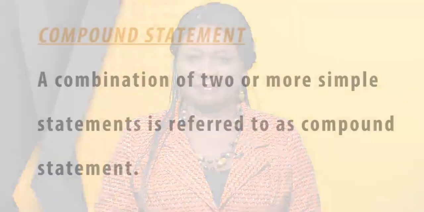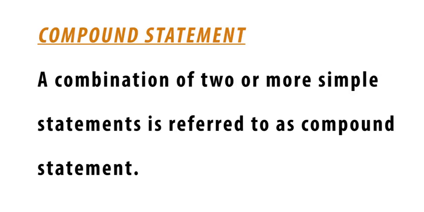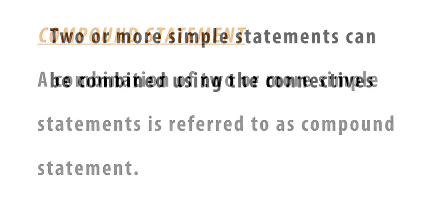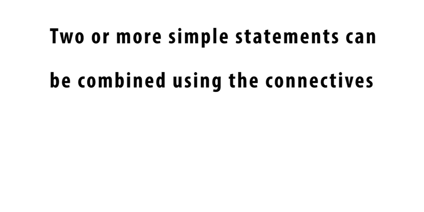Now let us look at what a compound statement is. A combination of two or more simple statements is referred to as a compound statement. So two or more simple statements can be combined using the connective AND. The symbol for the connective AND is the V-like symbol that is turned upside down.